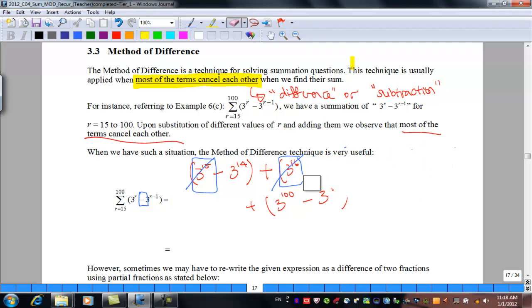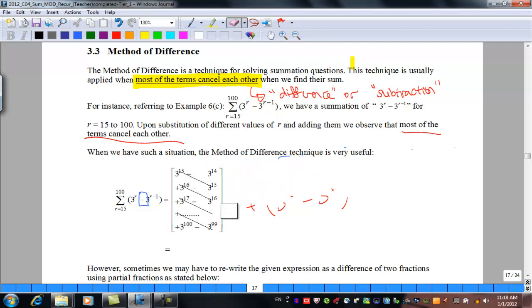Instead of writing it in a single row, what we will typically do is to write it out in a block, this way. This is the row for r equals 15, this will be the row for r equals 16, this is the row for r equals 17. And finally, we end when r equals 100.